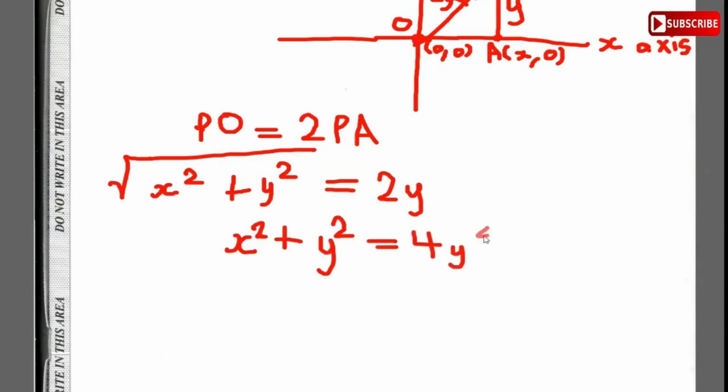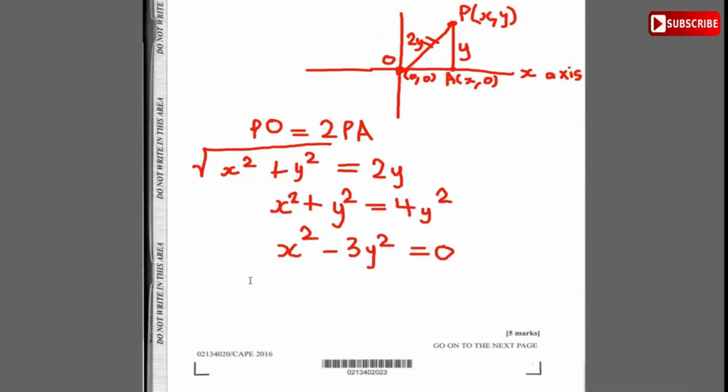Then I can subtract 4y squared from both sides to get x squared minus 3y squared equals 0. That's the locus of P. All right, nice and easy. That's the locus of P.